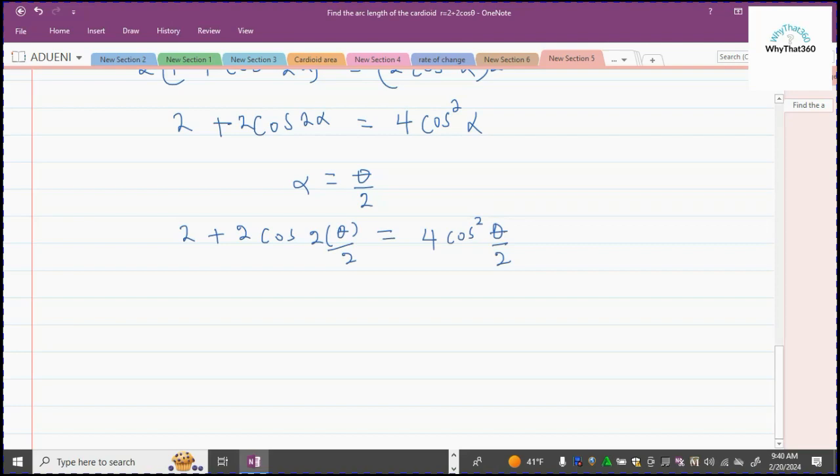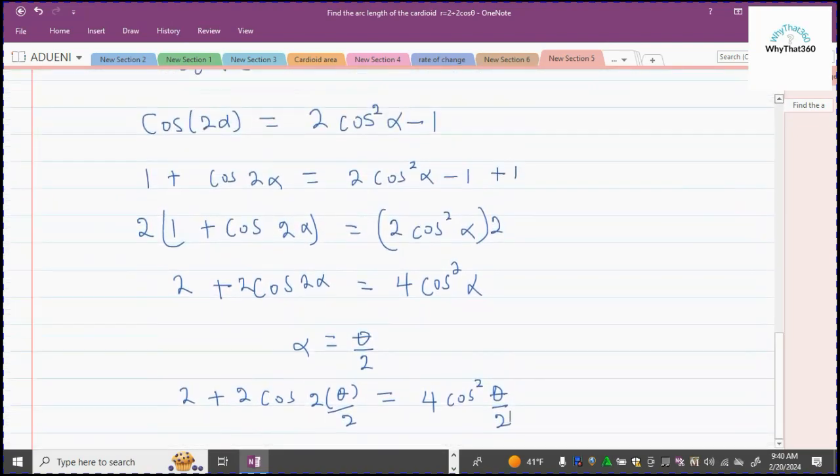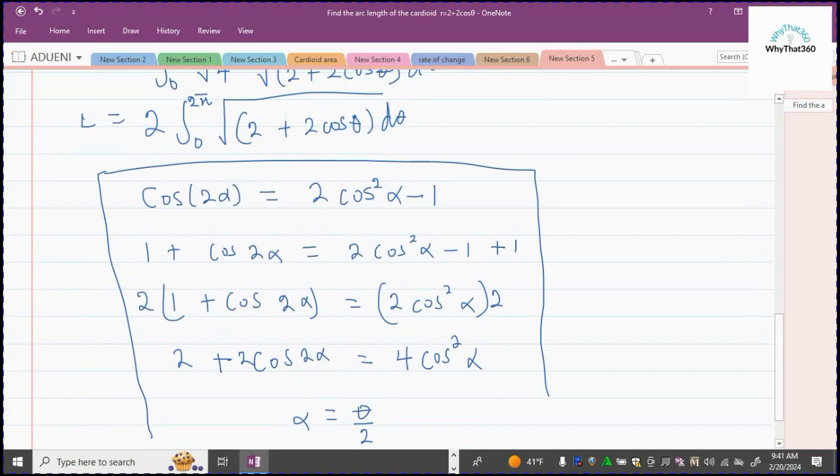All right, so if we go back to the formula for finding the length here, this whole thing here was for the trig identity that we used.